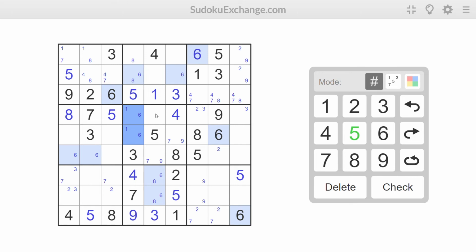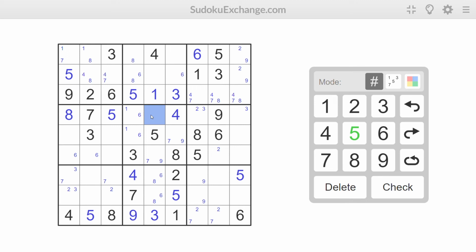Which means this is the only place where we can have a 1. 6 1 6 pair here, a 7 9 7 9 pair here.